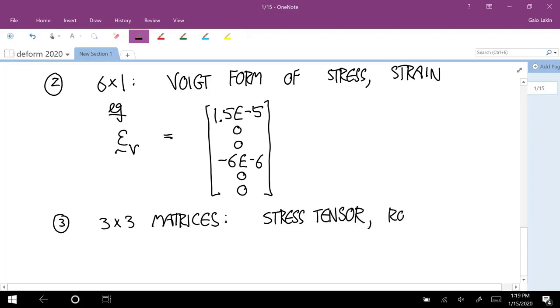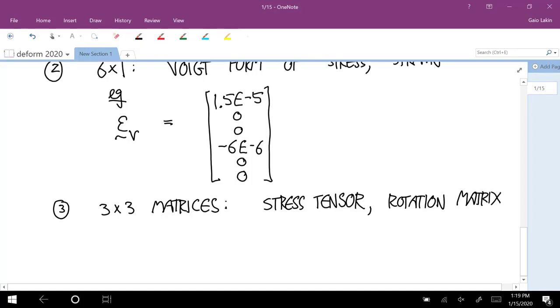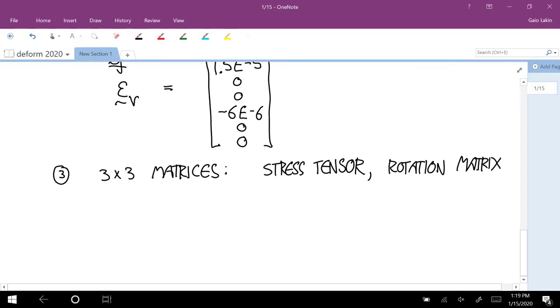And the other one is a rotation matrix. So for a stress tensor, we'll use the Greek letter sigma with an undersquiggle. And this represents the load in a body at a point.